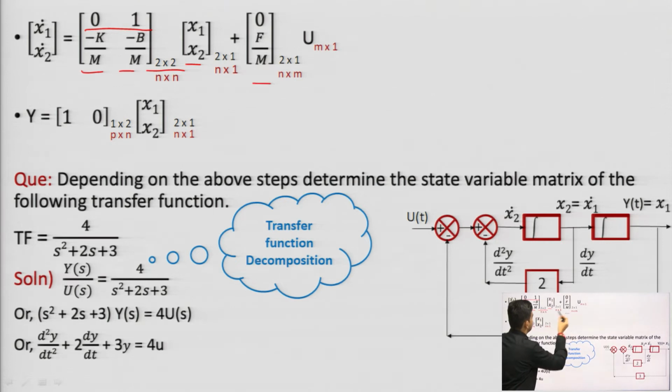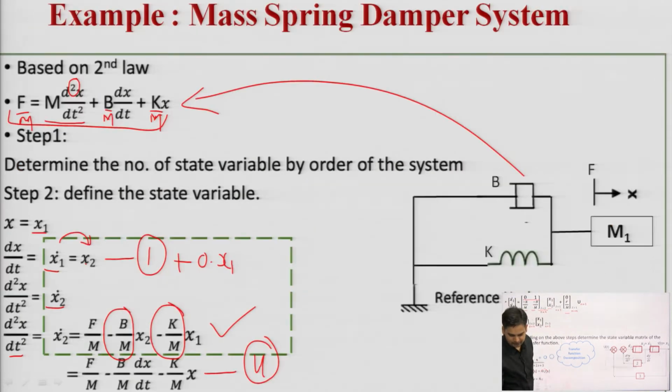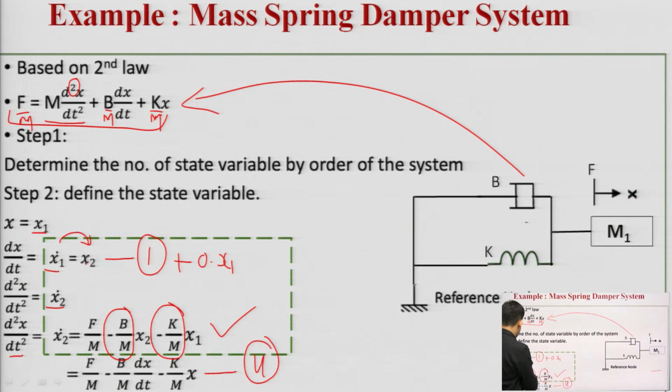Now, this is my input. Okay. So, what input am I providing? Force F by m, this is my input quantity. I am applying force as the input, then I am getting changes in the output of the system. So, force is the input, that is F by m. It is available in equation number 2, it is absent in equation number 1.